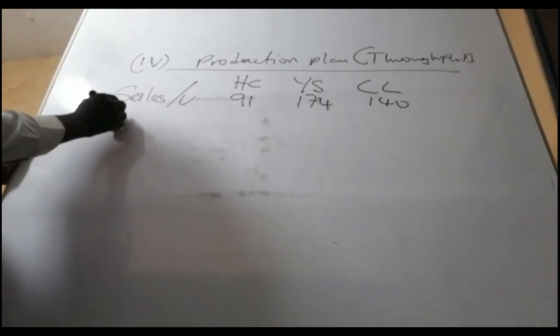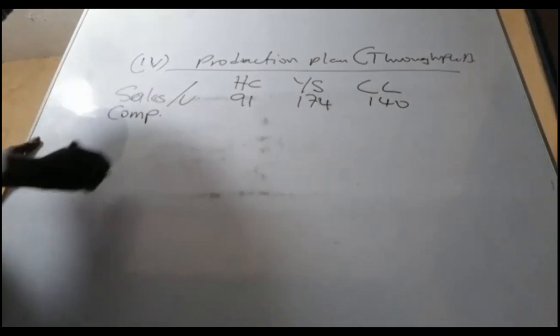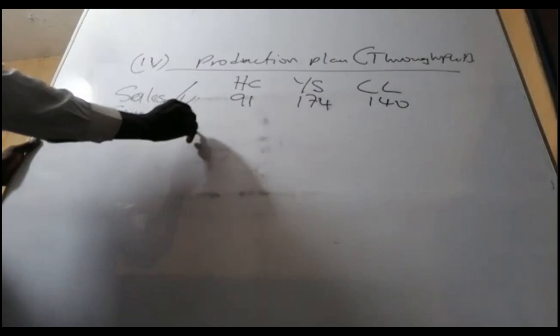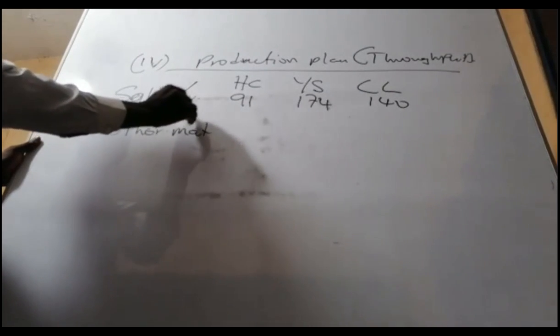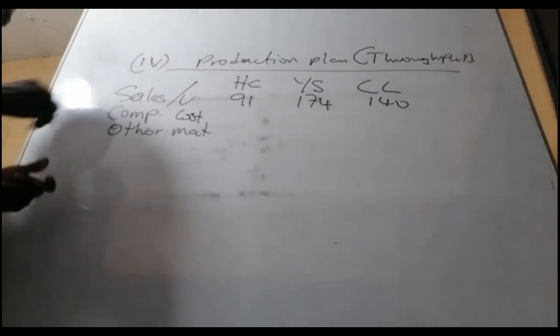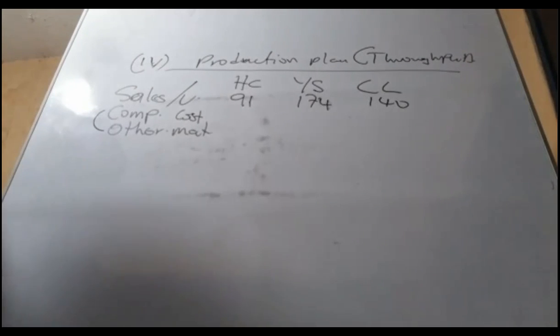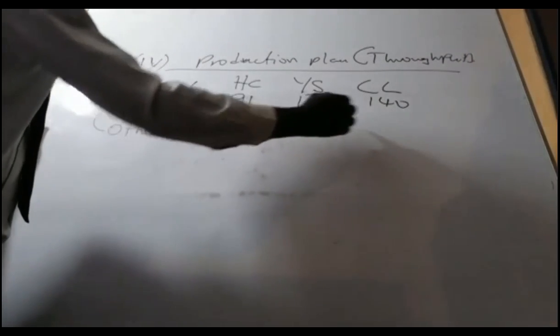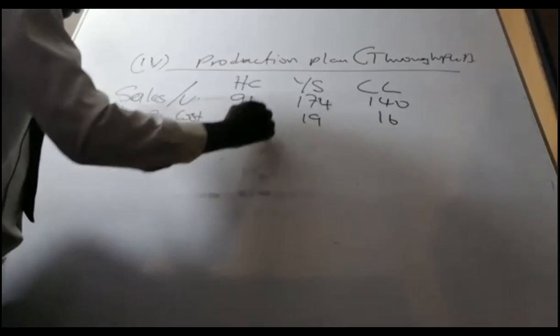Now components. So component cost and then the other material costs. These are the material costs. So let's go to the question. What are the component costs? The component costs are 22, 19, 16. Good.